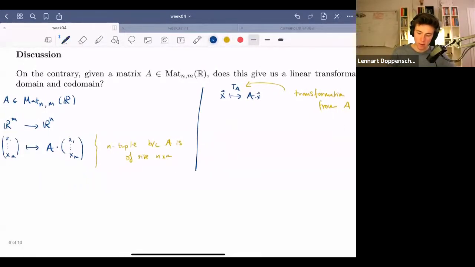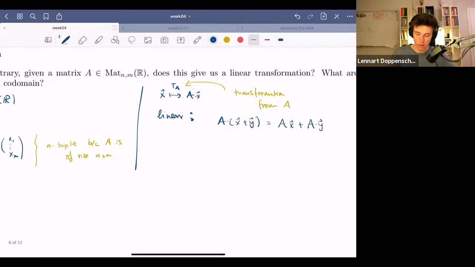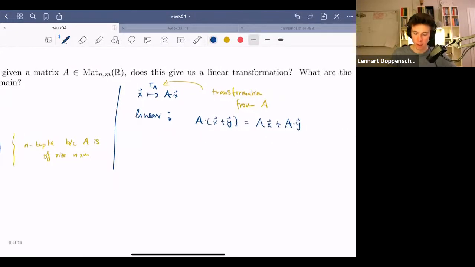And this is linear because of exactly two things that we need to check. We need to apply A to x plus y, but we know that this is A times x plus A times y. This is just a fact from matrix multiplication.